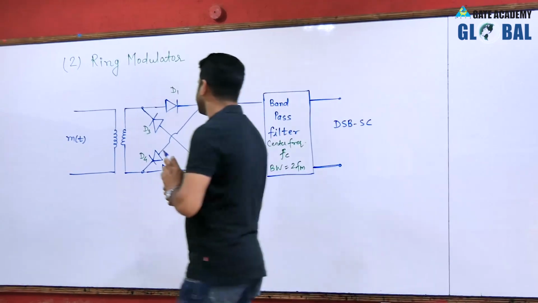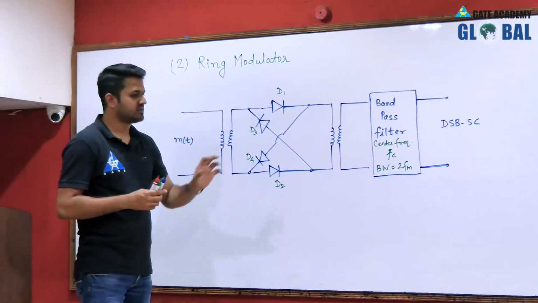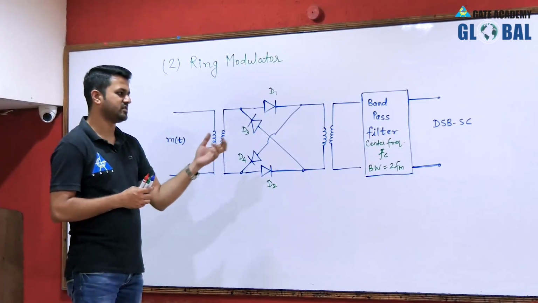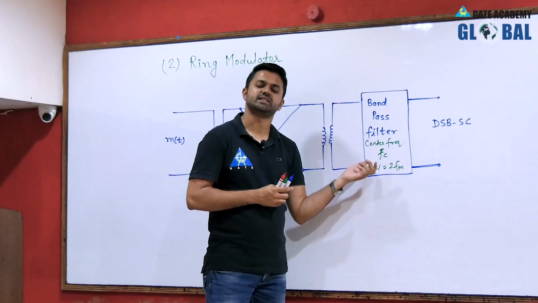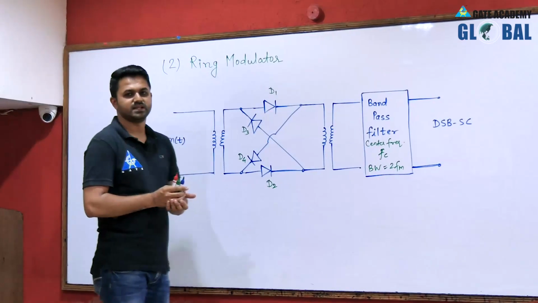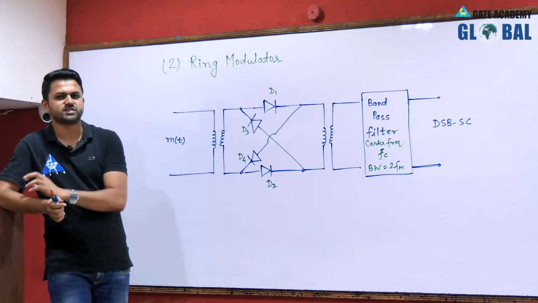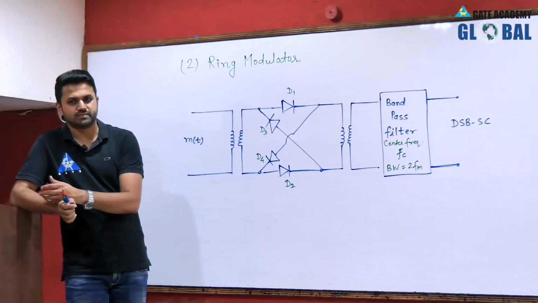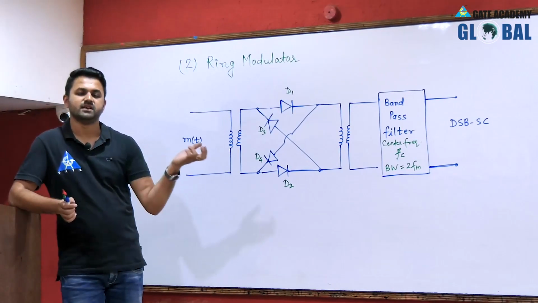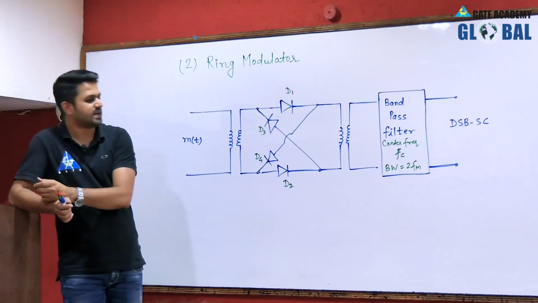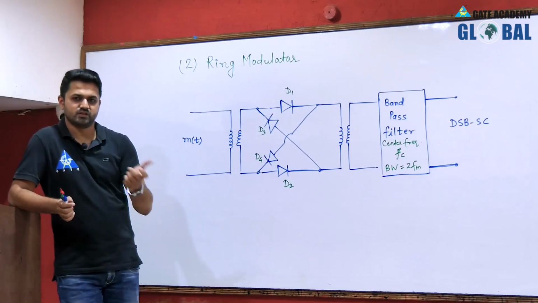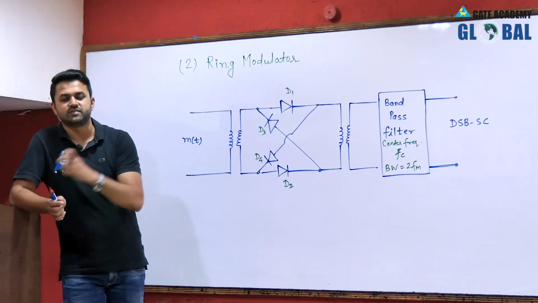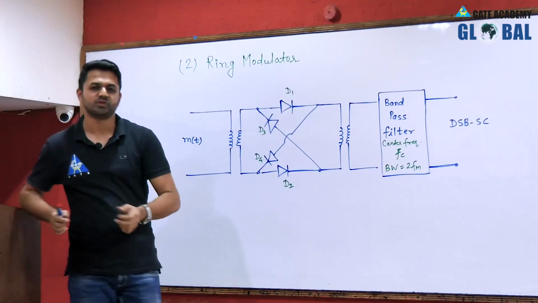We have to consider the band pass filter in such a way that the center frequency is FC, that is the carrier frequency, and the bandwidth is 2 FM, then we will get the double sideband suppressed carrier. As we have seen in the balanced modulator, this type of band pass filter can generate the same double sideband suppressed carrier that we have discussed in the types of amplitude modulation.